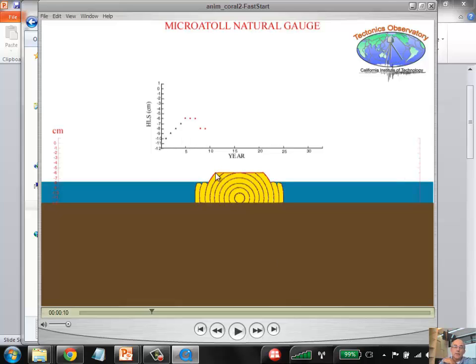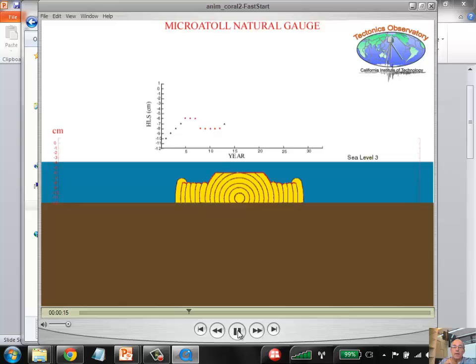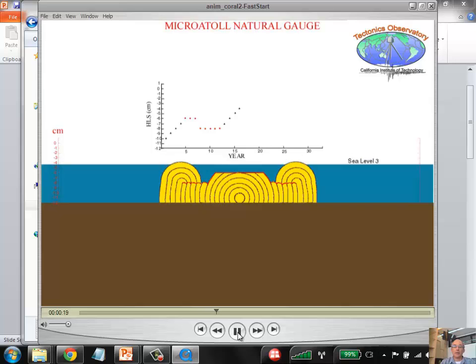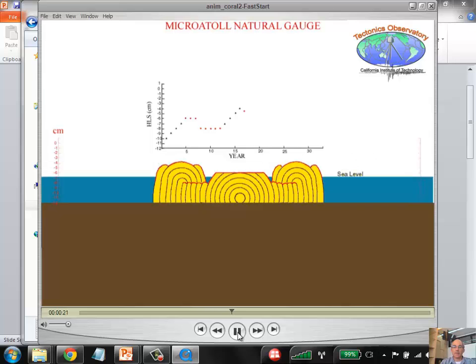So if we lower the water level, which means that actually the coral was lifted, it looks like HLS went down. We see this kind of killing of this upper part of the coral. And then this is some subsidence, so we lower the coral, so sea level appears to rise, and now the coral can grow up again. And then it has to grow sideways.